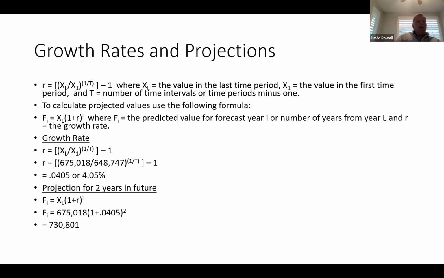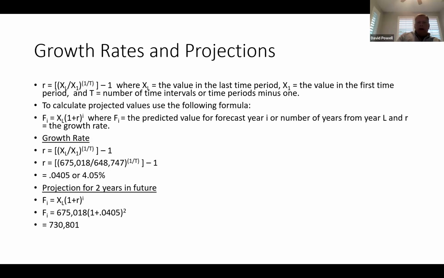We can now take that growth rate and use it to forecast our revenue into the future. So let's say we want to project our revenue amount 2 years into the future. So the formula we'd use for that is F equals XL times 1 plus R raised to the I power. I is the number of years into the future that you are forecasting.